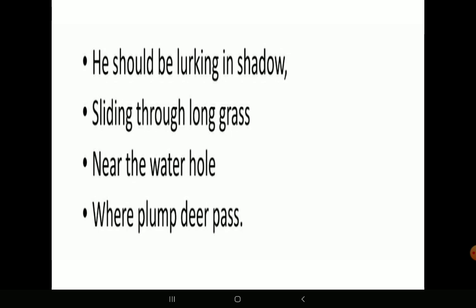He should be lurking in shadow, sliding through long grass near the water hole where plump deer pass. He should be lurking in shadow. So in this paragraph, the poet imagines the tiger in his natural habitat. And what is the natural habitat of the tiger?